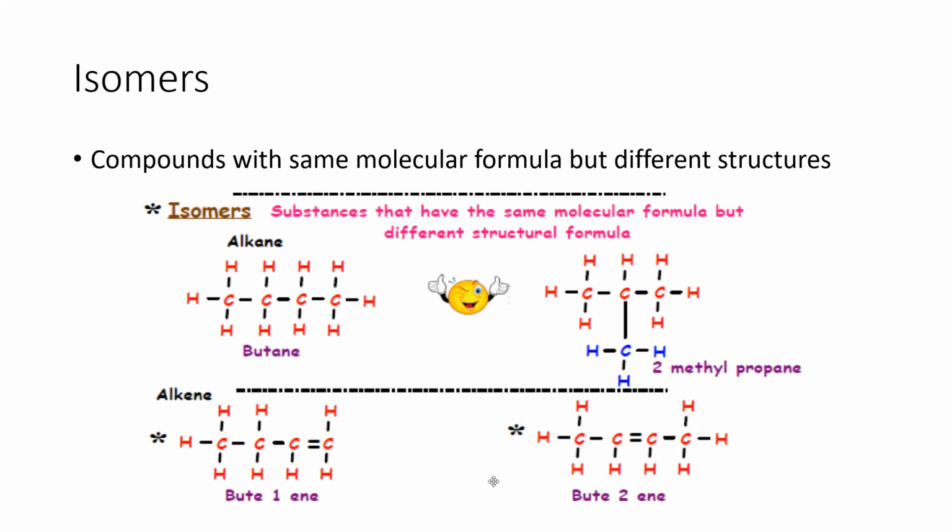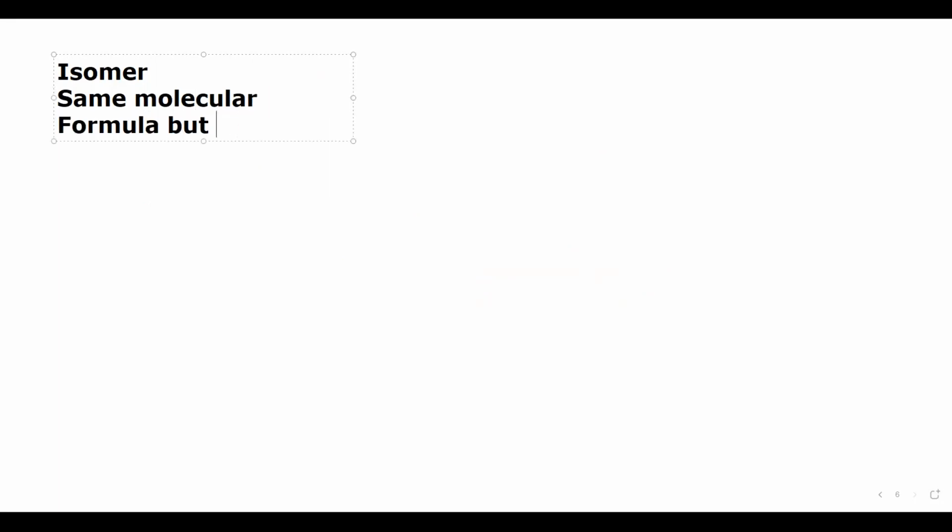So for example, if I want to draw an isomer, same molecular formula but different structure is what we call isomer.